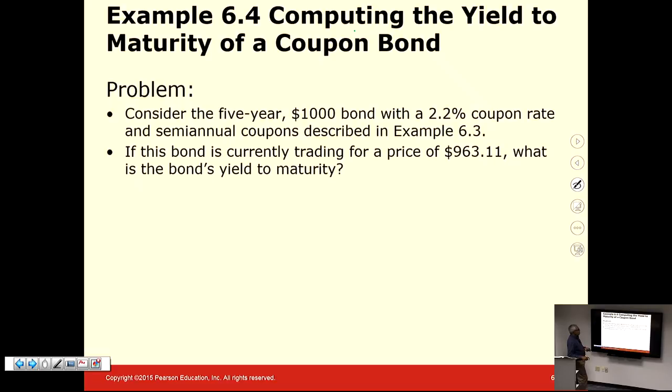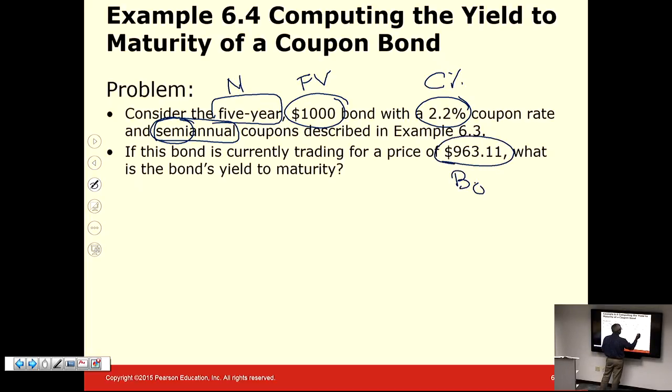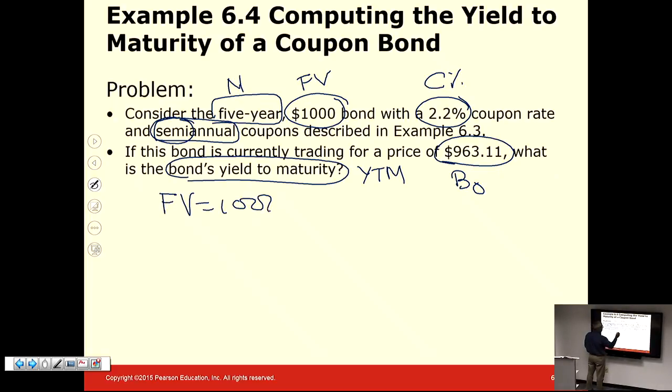Over here, the problem is somewhat inverted. 5-year bond, that's my N. $1,000 par value, that's my FV. 2.2% coupon, that's my C percent. Semi-annual, that's the key. If the bond is trading at 963.11, that means B0 is given. What is the yield to maturity? So what do I do? Future value, 1,000.